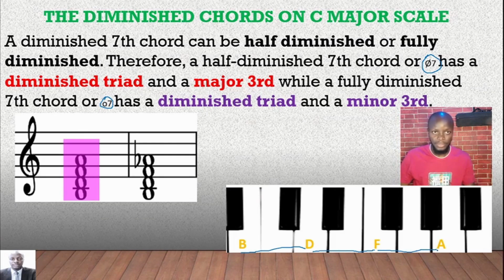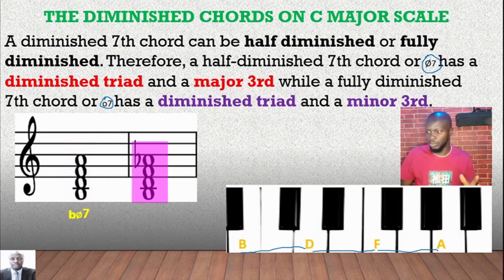So you have minor third and major third. That's half diminished seventh. And it sounds this way: B, D, F, A. That's B half diminished seventh, and that's the symbol there.